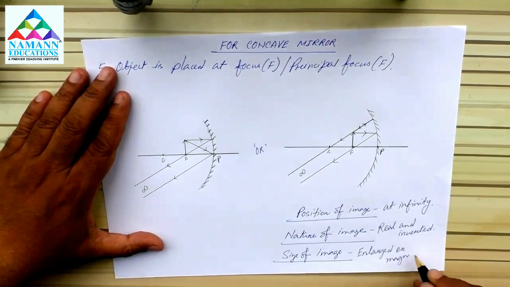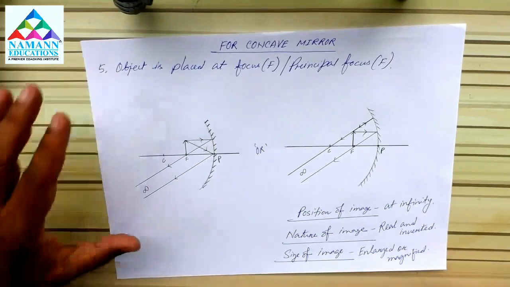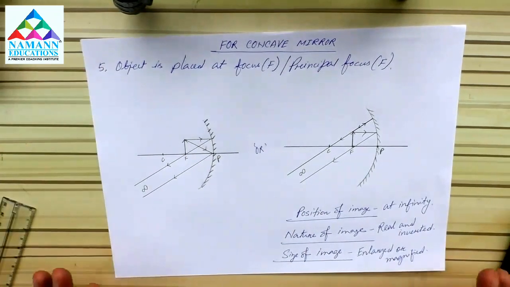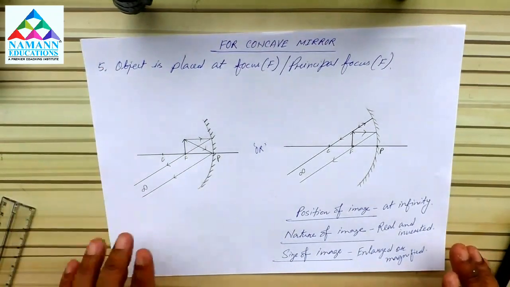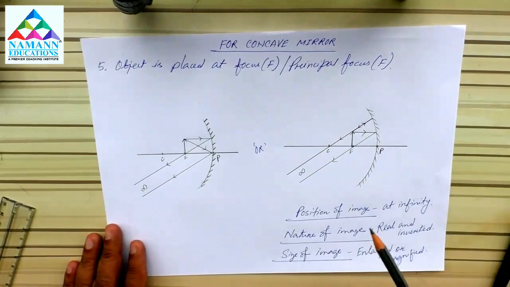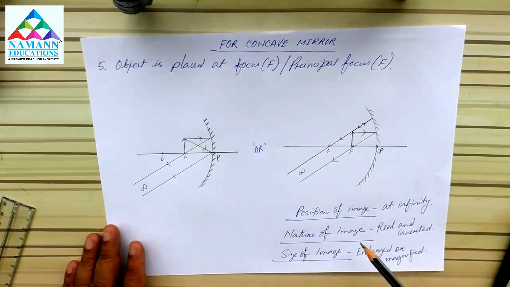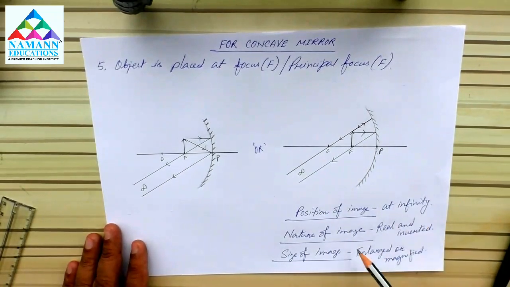Enlarged or magnified. So we discussed point number 5, where object is placed at focus in case of concave mirror, and if object is placed at focus, image is formed at infinity. Nature of image real and inverted, and size of the image is enlarged or magnified.